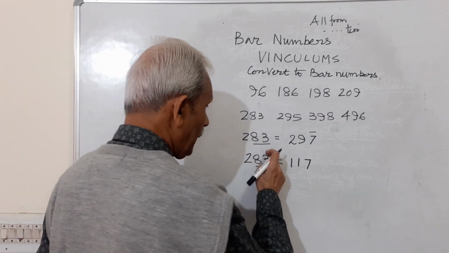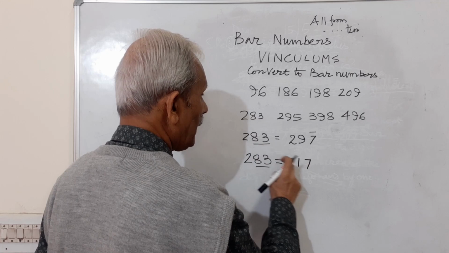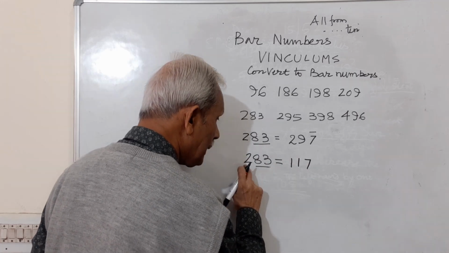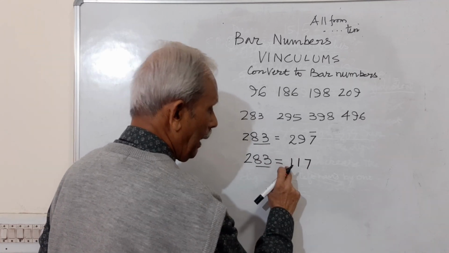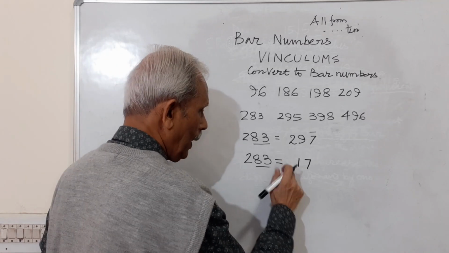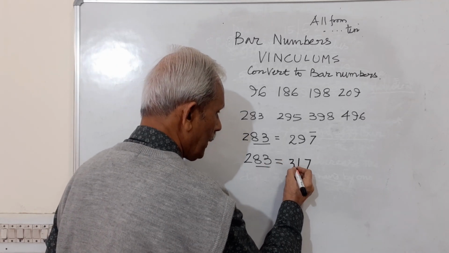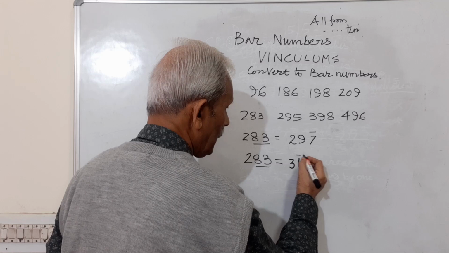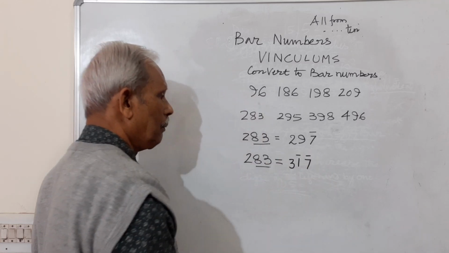Here, 10 minus 3 is 7, 9 minus 8 is 1, and you have to increase this, not decrease. I've written it knowingly so that you can think about it. No, it's not so. It will be 2 plus 1, 3. 3, 1, 7, and both the things are now under bar number.